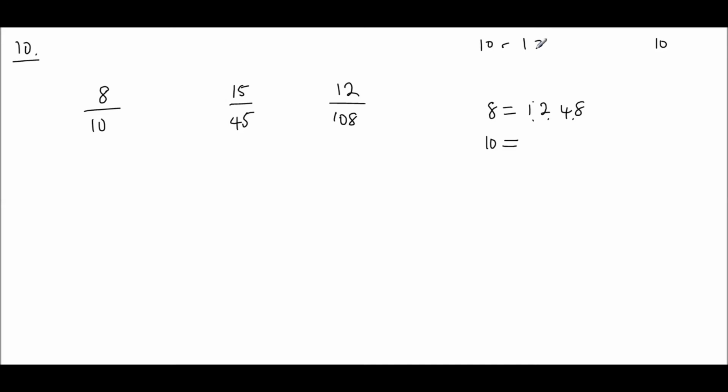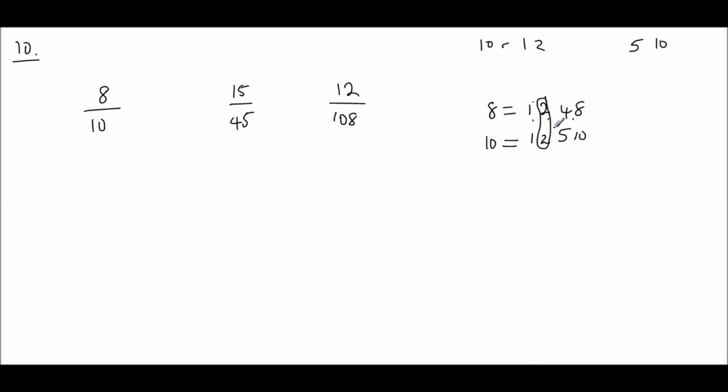Now we know that 2 could go into 10 and it could go 5 times. We have 3 and 4 between these two numbers. Can 3 go into 10 without leaving a remainder? 4? No. So the factors of 10 are 1, 2, 5, and 10. So the highest common factor would be 2.